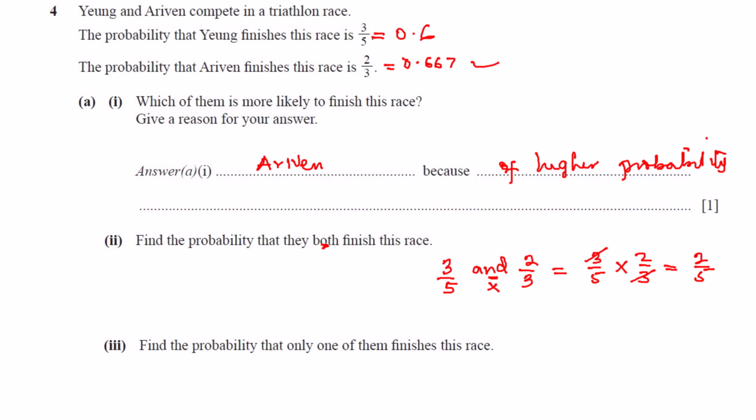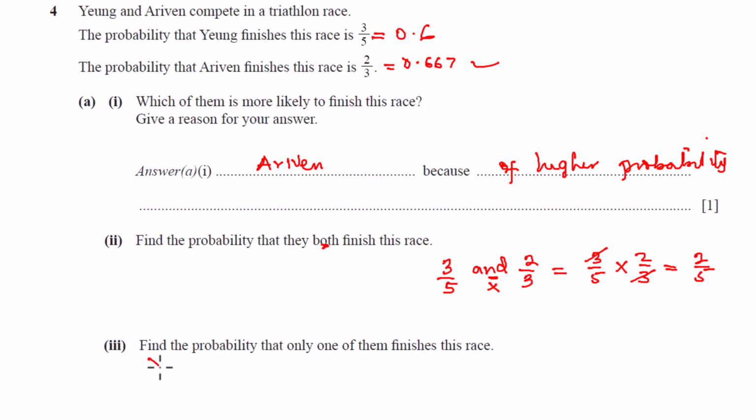So the third question says, find the probability that only one of them finishes the race. So if it's only one of them, it's either Young finishes the race and Arivin didn't, or Arivin does finish the race but Young doesn't. So that's going to be, let me use their letters.